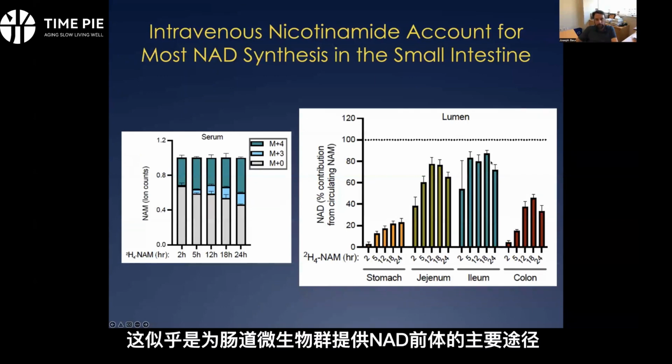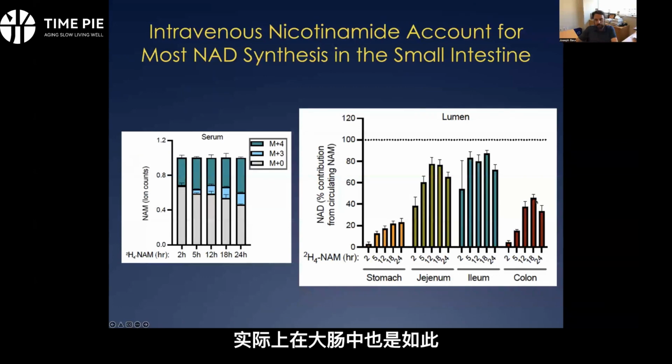And so this really seems to be the major pathway that's providing NAD precursors for the gut microbiome, at least in the small intestine, and a major pathway in the large intestine as well, where we see a lot of the balance being made up by synthesis from fiber.